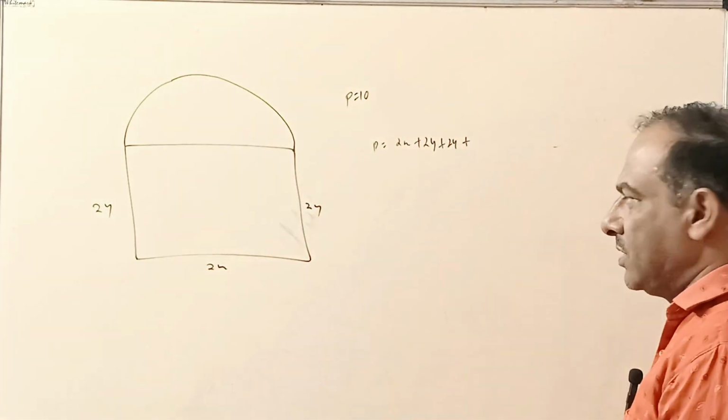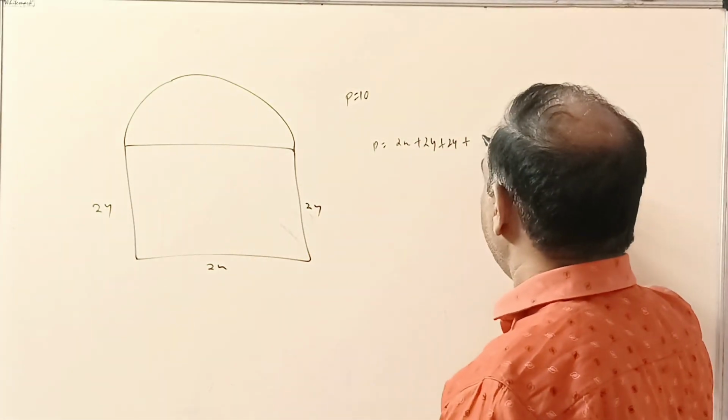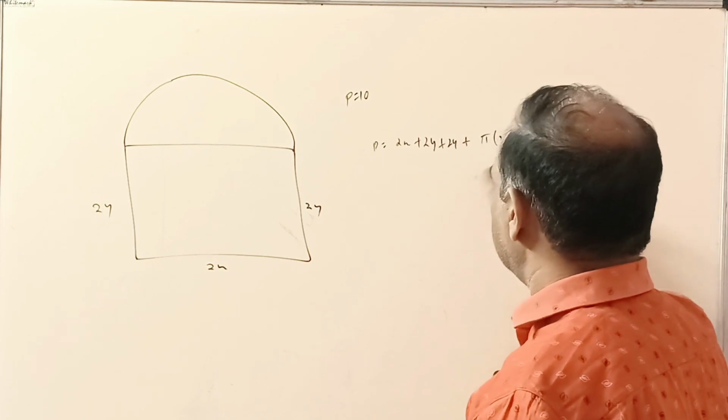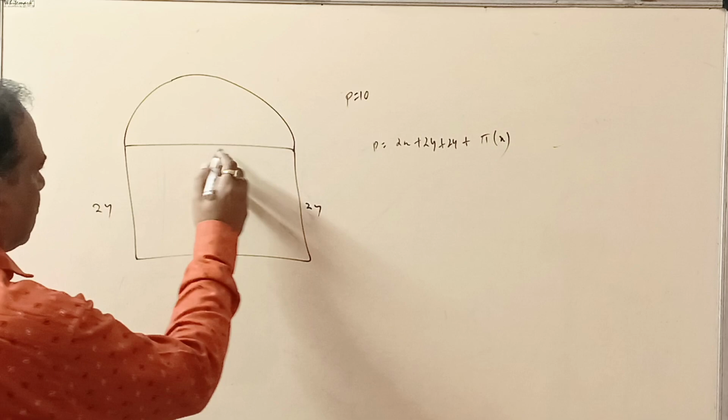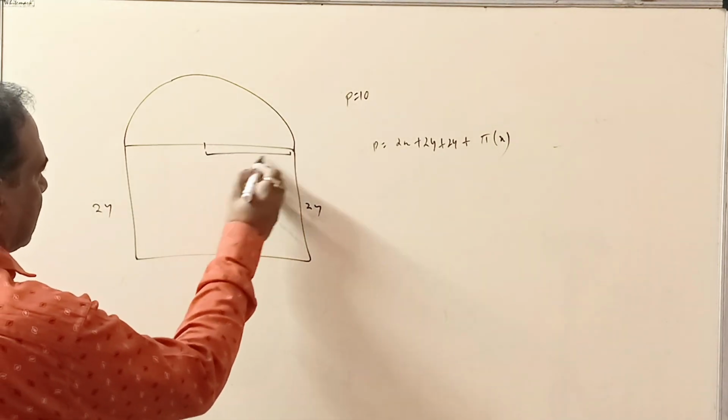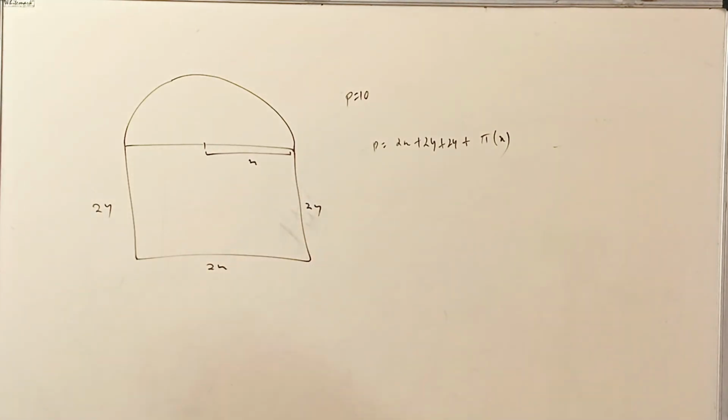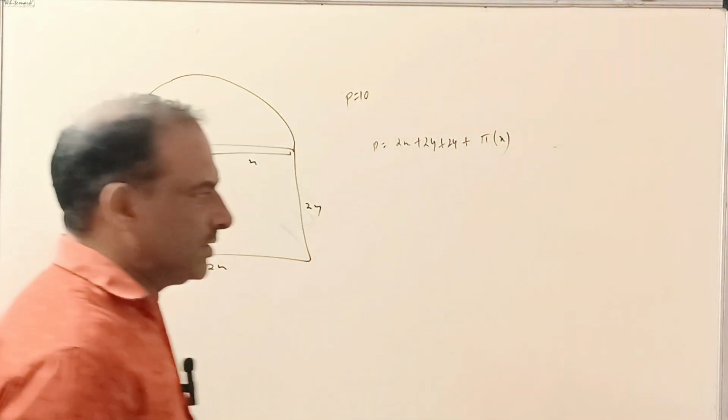Circumference of the semicircle is pi r, and r here is x, because this 2x is the total length, and this is a semicircle with radius x. Clear? This is the total perimeter which is equal to 10.